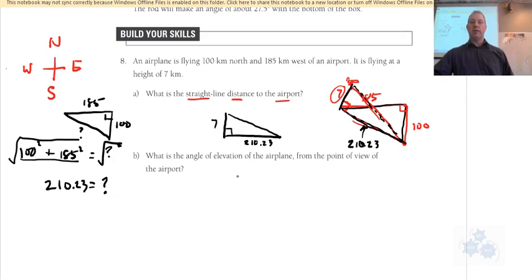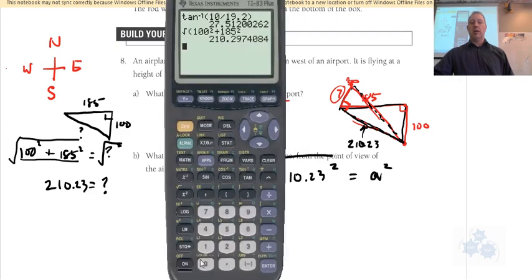And so that one is, I'm going to do the work here below, but 7 squared plus 210.23 squared equals. Got 210.34. And you got 210.34? Okay, yeah, could be.